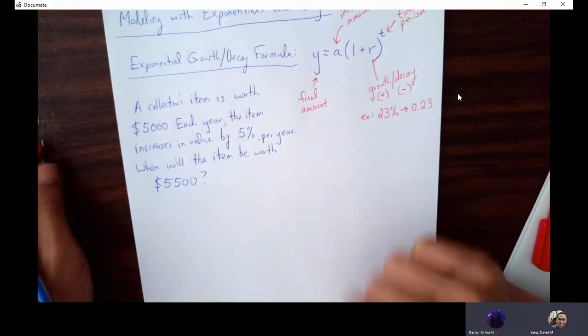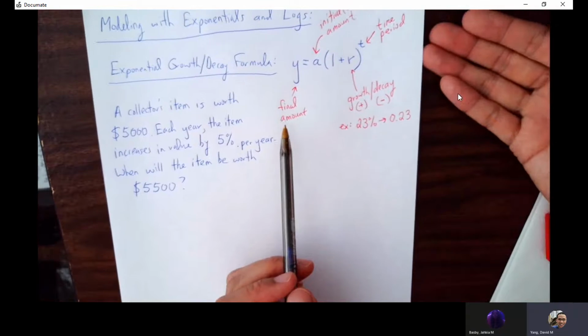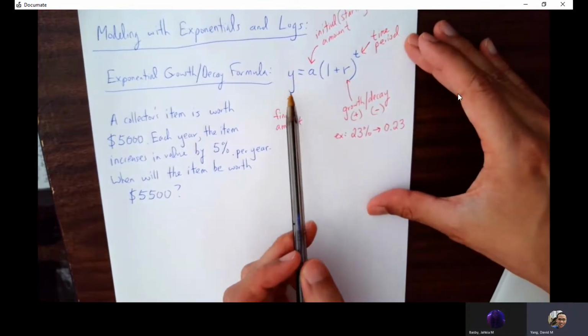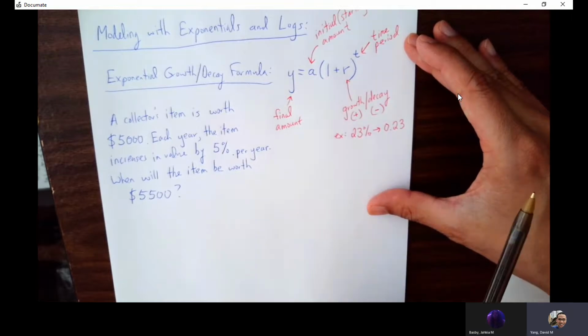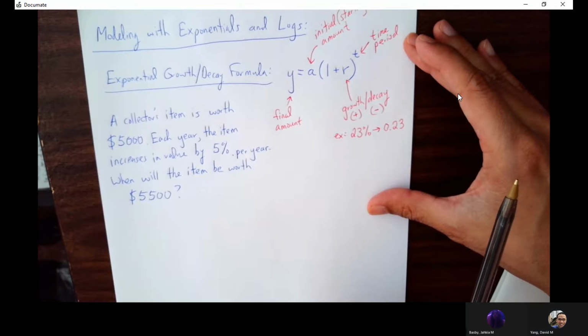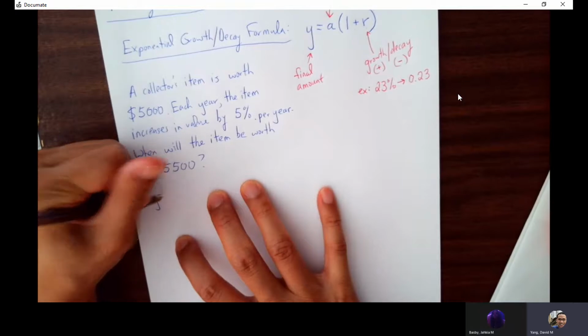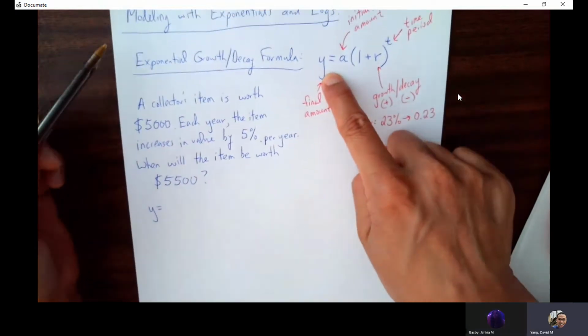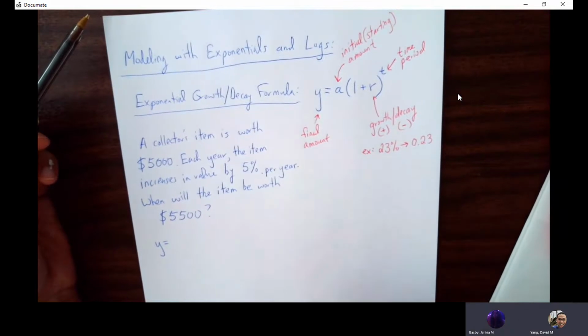All right, so we're going to use this formula here: final amount equals initial times 1 plus r raised to the t. Let's see if we can gather some information here. What's the value of y? 5,000.